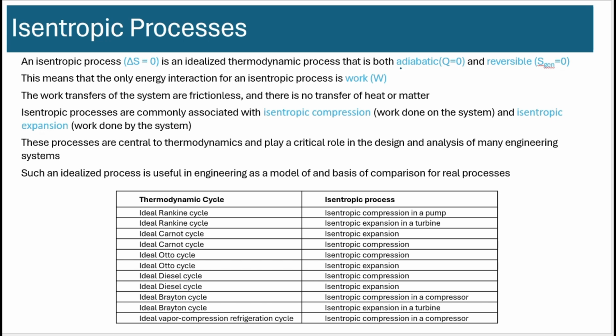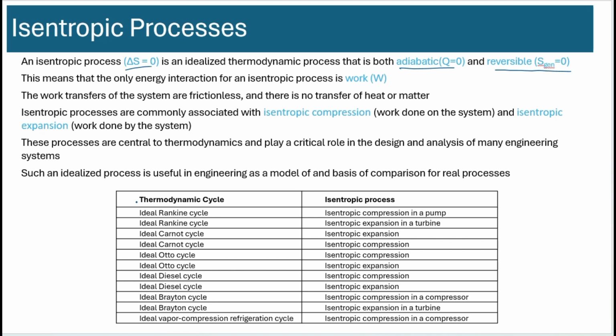So you could say that Q equal to zero, it's adiabatic, and there is no generation of entropy inside or outside the system. You could say it's a reversible process too.